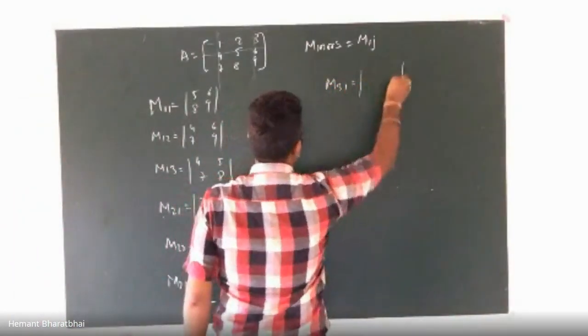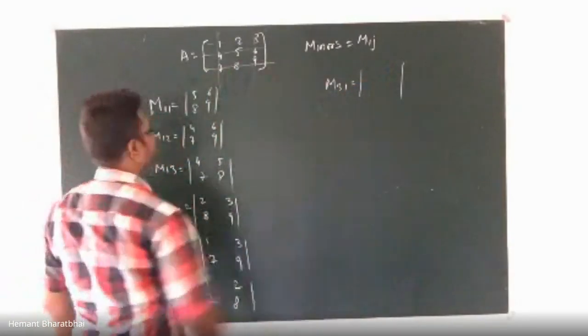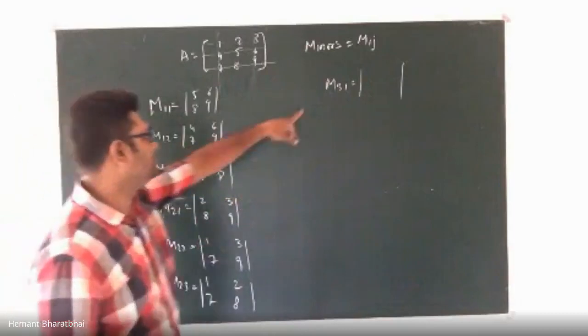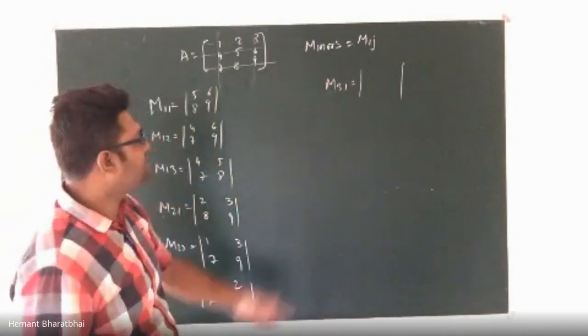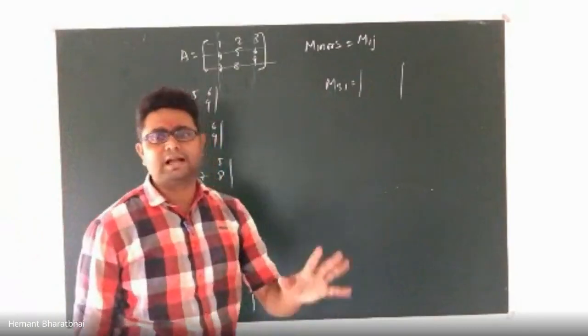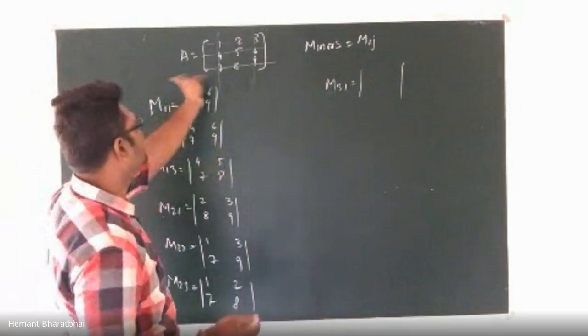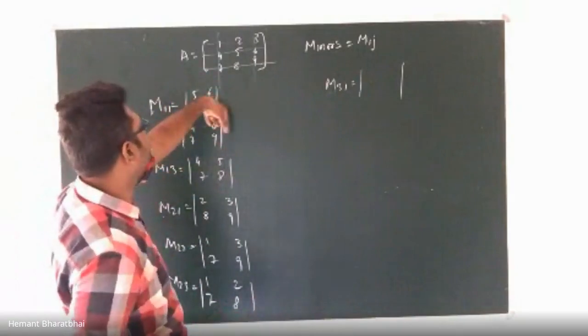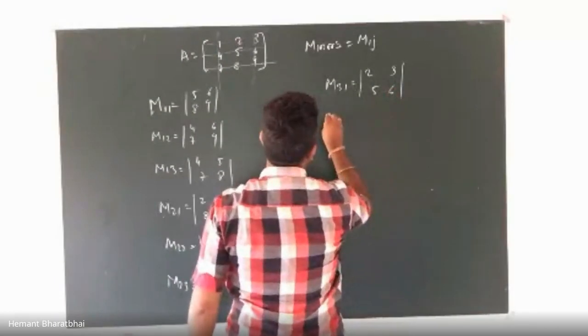M31: I am going to cancel third row and first column. First we always write row and then column. So whichever row and column I have written, we cancel that row and column. What remains is 2, 3, 5 and 6.